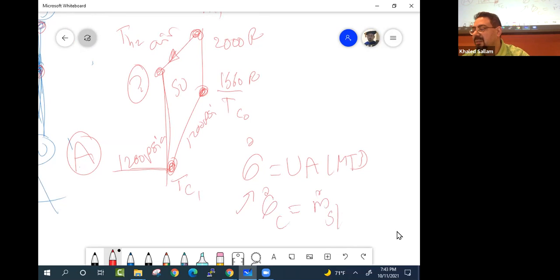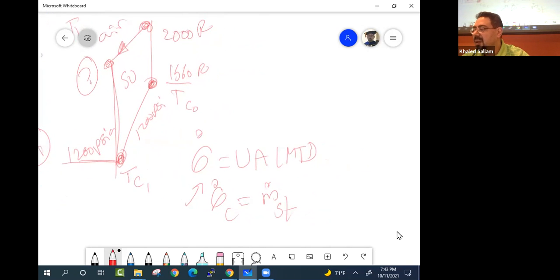M dot steam times the enthalpy difference. I guess we just call those points something in the cycle, 13 and 14, so it's H14 minus H13.